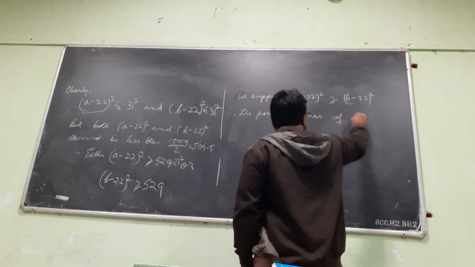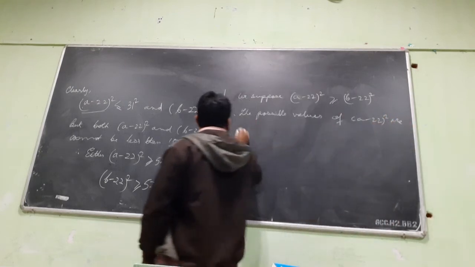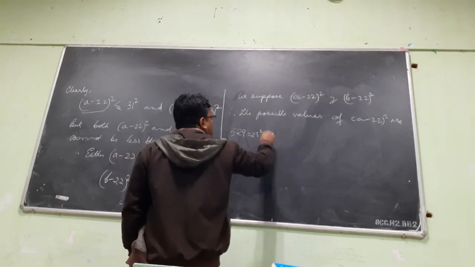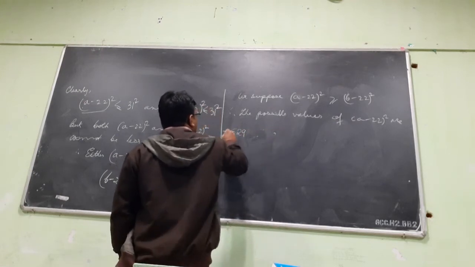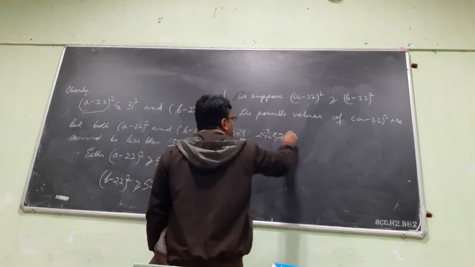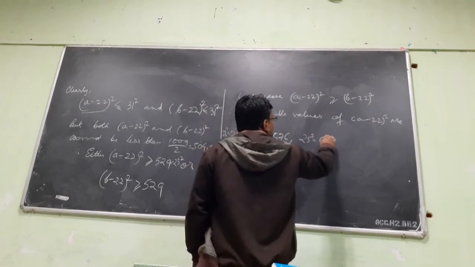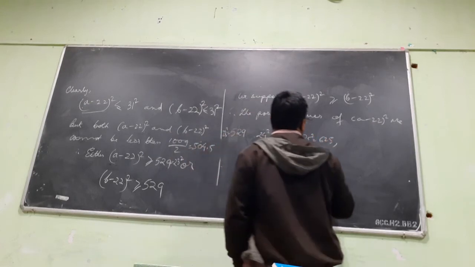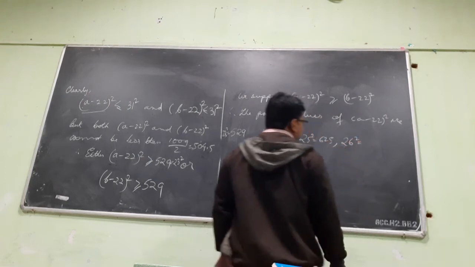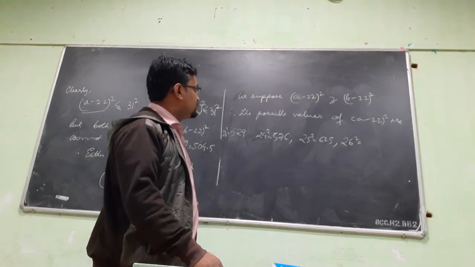The values of (a minus 22) square are what? 529, which is 23 square. Then 24 square is 576. 25 square is 625. 26 square is 676.